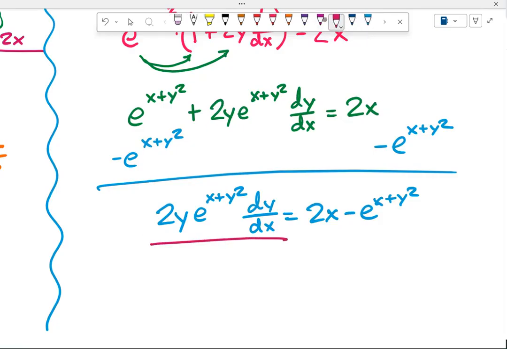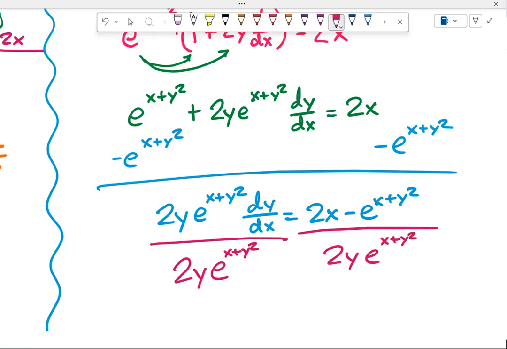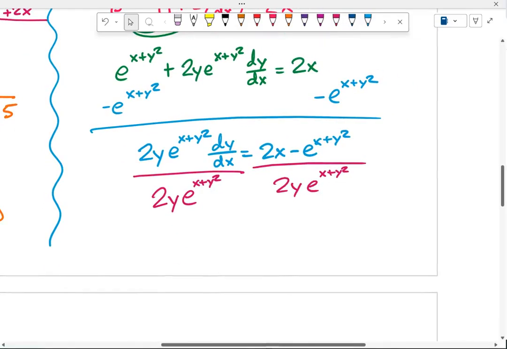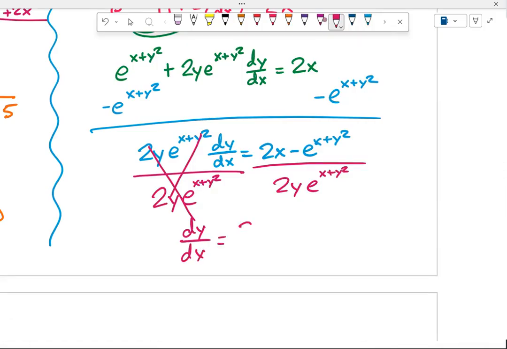So I'm going to divide by 2y e to the x plus y squared on both sides. So our answer, dy dx, that is gone on that side, dy dx equals 2x minus e to the x plus y squared over 2y e to the x plus y squared.